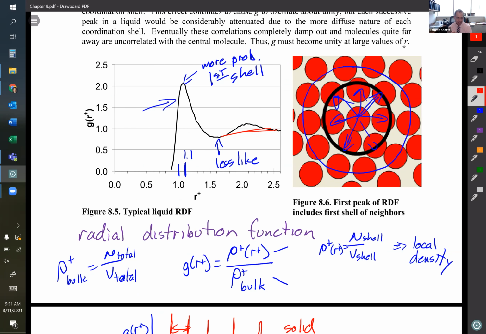Now, the great thing about these radial distribution functions, aside from being so relatable to experimental things, is that they contain so much information about the system that they can be related to properties.